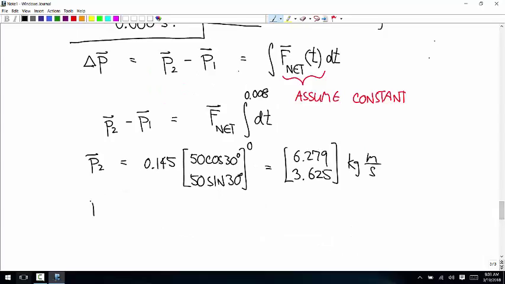At instant 1, the mass is 0.145. The velocity is 40 times cosine and sine of 185 degrees.